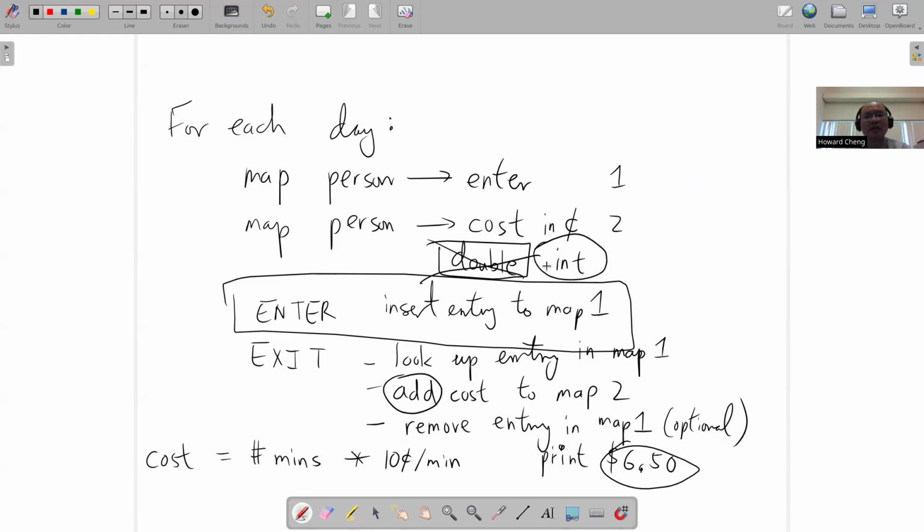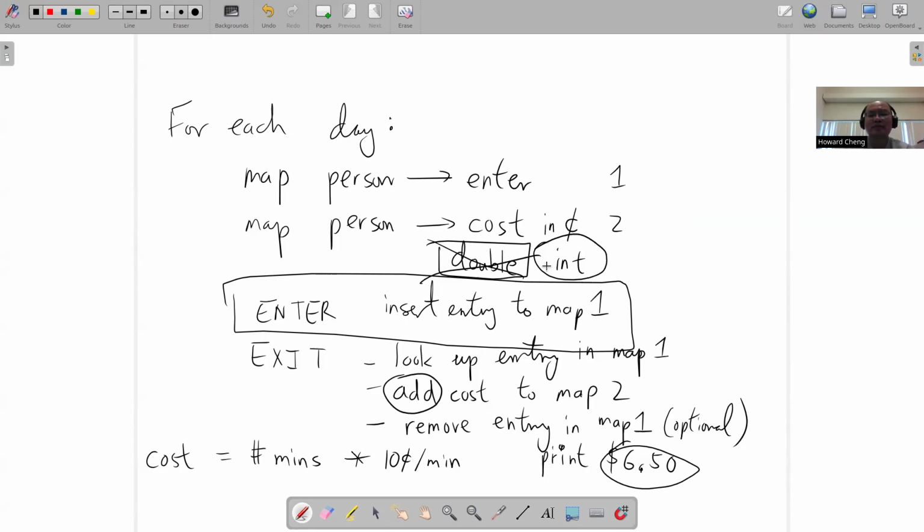In this case, a single 32-bit integer would be good enough, because the total number of minutes in a day is 24 times 60, and then 10 cents more. It's definitely way less than 2 billion.